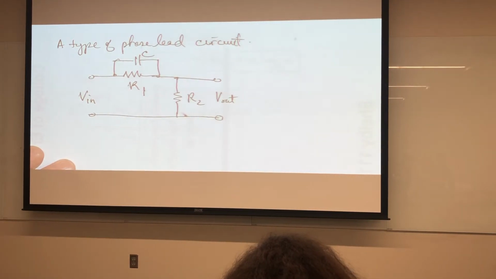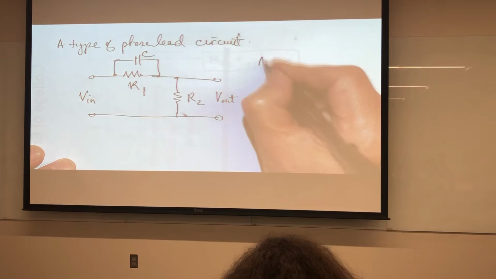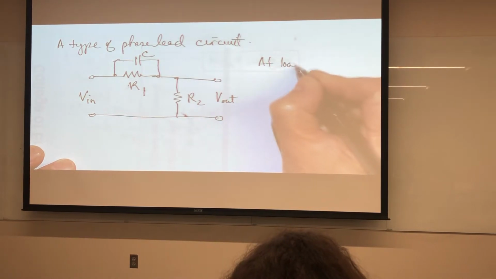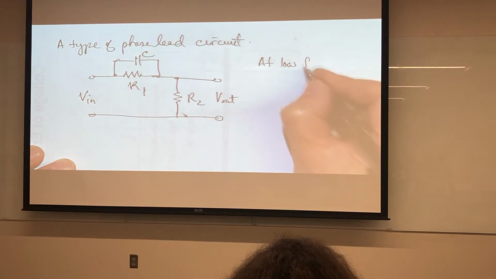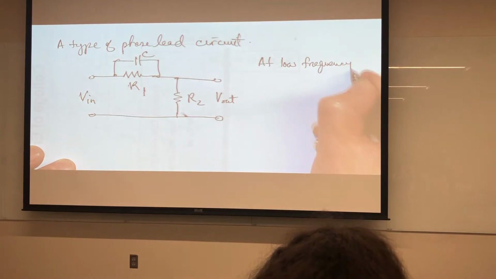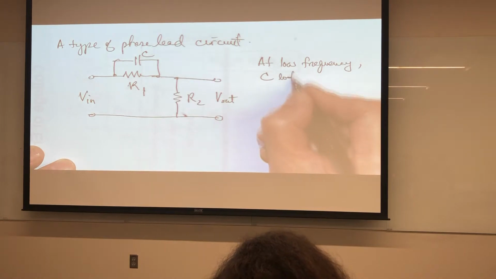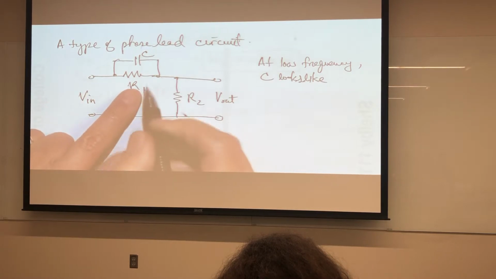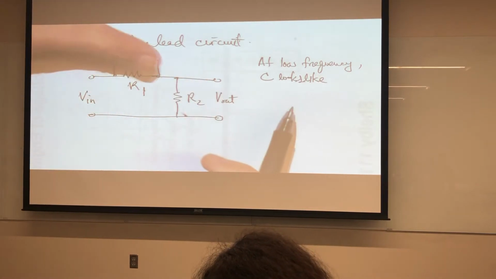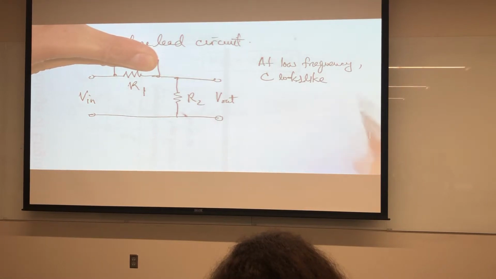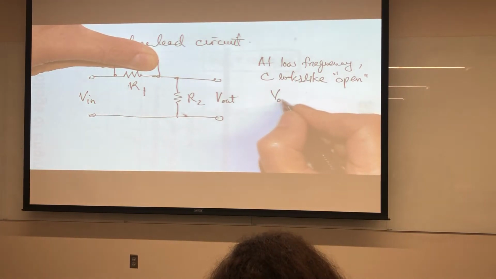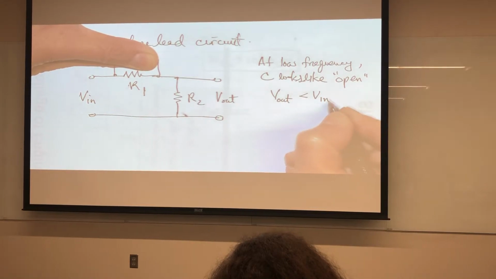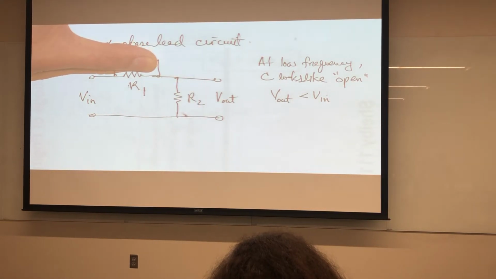So let's heuristically analyze this thing. At low frequency, what is the impedance of C? It looks open, right? So you take that out. At low frequency, C looks open. So Vout is going to be less than Vin. It looks like a voltage divider.